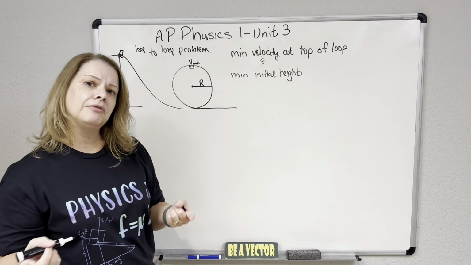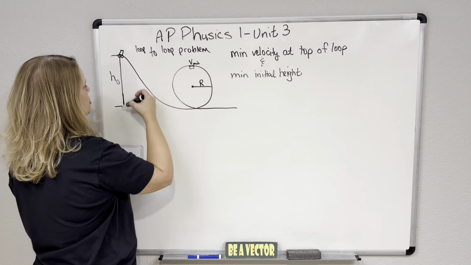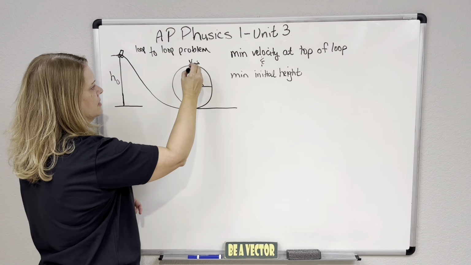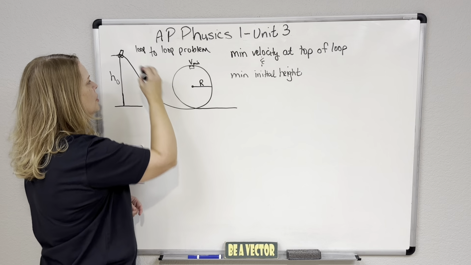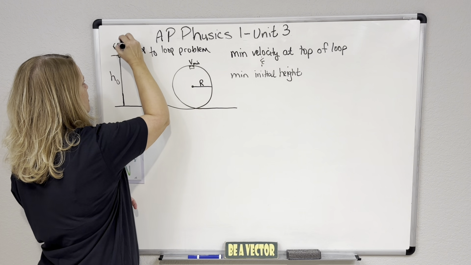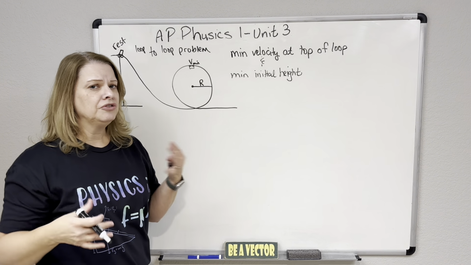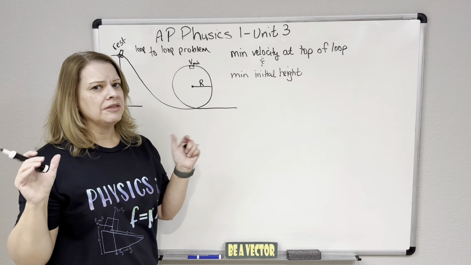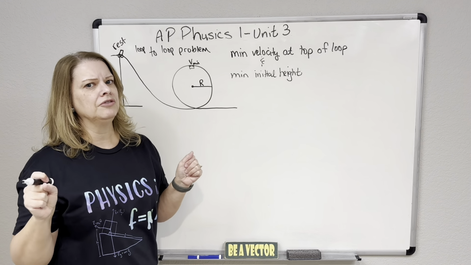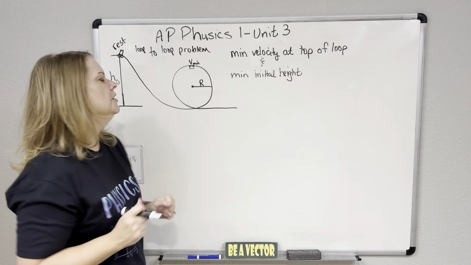First of all, the first thing to recognize is we have a change in height. We went from an initial height to a different height here. We're going to be at rest at the start, and it's going to be moving here, obviously, because we have a velocity. When I see a change in height, I'm already thinking, oh, conservation of energy. So our mechanical energy initial has to equal our mechanical energy final.